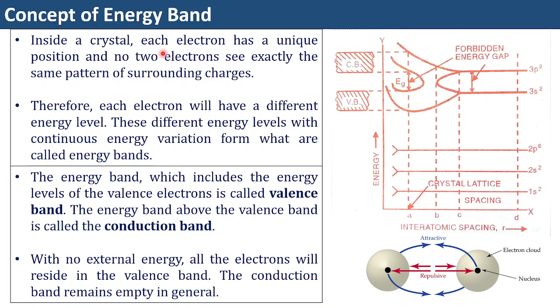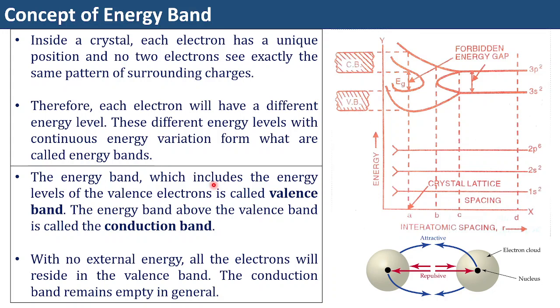Inside a crystal, each electron has a unique position, and no two electrons see exactly the same pattern of the surrounding charges. Therefore, each electron will have a different energy level. These different energy levels with continuous energy variation form what are called the energy bands.